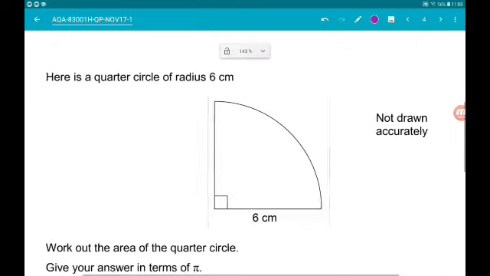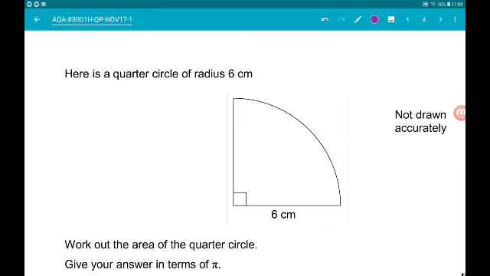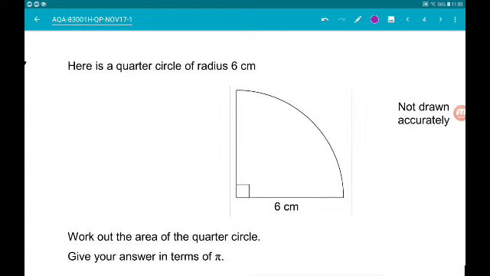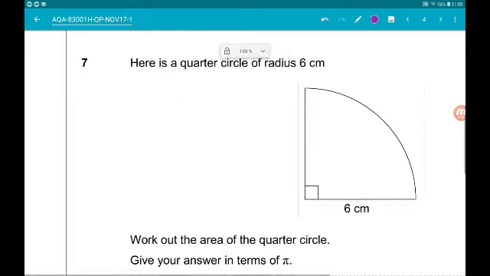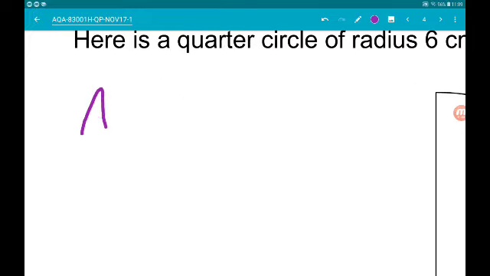Question 7. Here is a quarter circle of radius 6 centimeters. We want to work out the area of the quarter circle, giving our answer in terms of pi. So, a very common mistake here is to go, well, we've got a quarter of a circle, so we'll quarter the radius. Don't ever do that, can't do that. What we need to do is remember that the area of a circle is pi r squared.